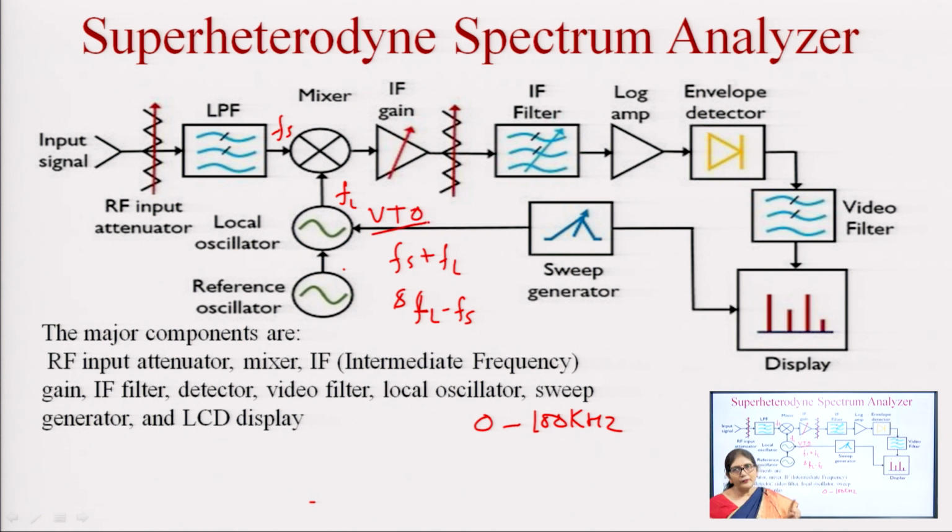Voltage tuned oscillator means the frequency range of this oscillator depends on the sweep generator's output, because the sweep generator's output is fed to this local oscillator circuit, and it is also fed to the display circuit. In the display circuit it is fed to the X plate of the CRO, and here it is fed to the local oscillator frequency.